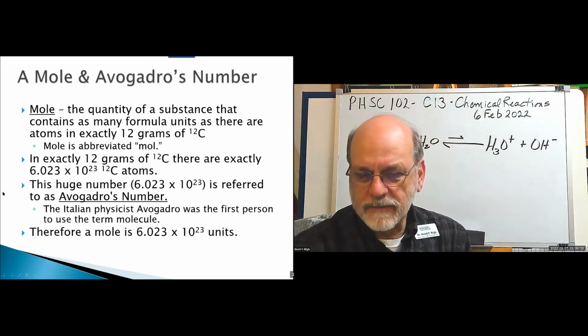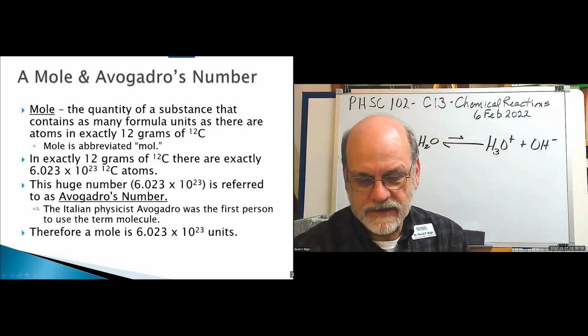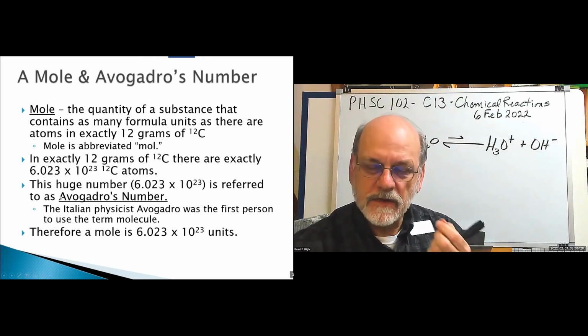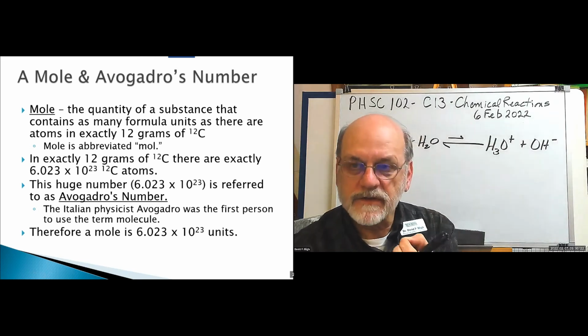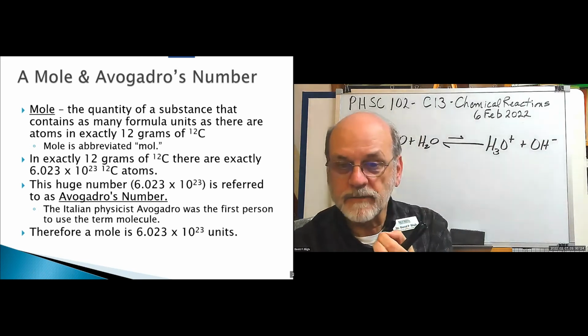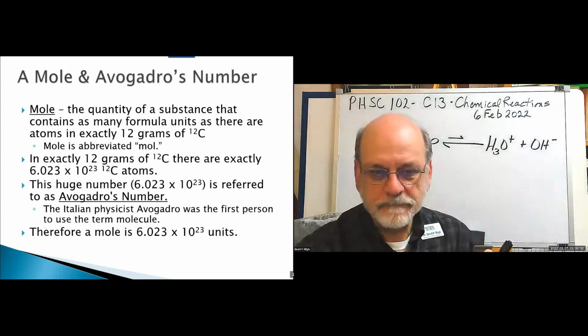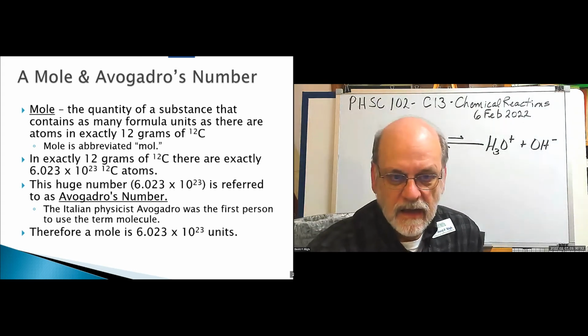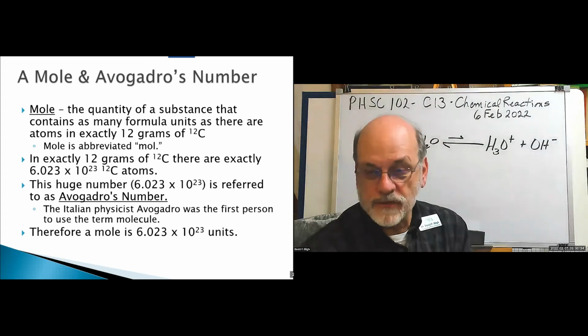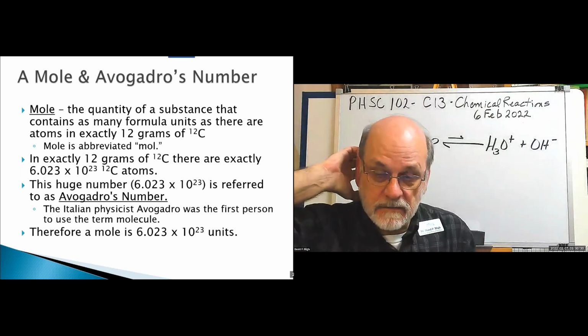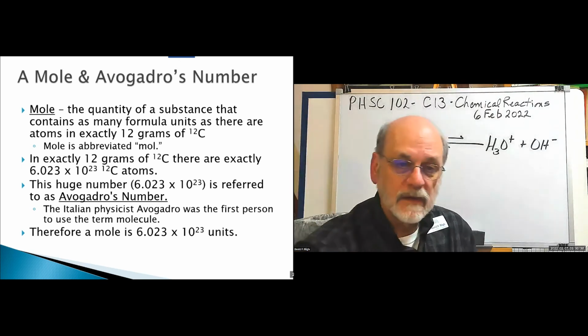So Avogadro didn't invent this number, but the theoretical concepts that he developed were instrumental in determining the value of the mole. So his name was assigned to it as an honorarium, so to speak.